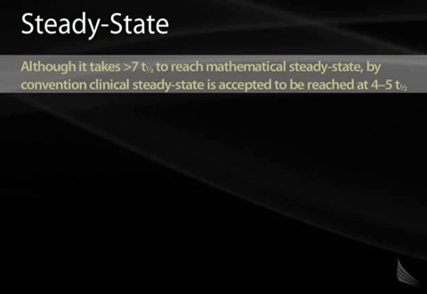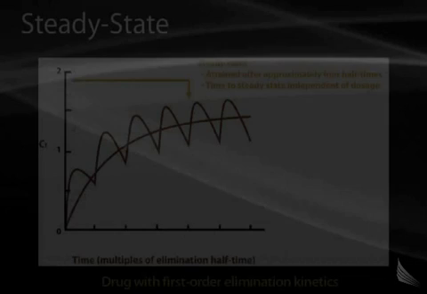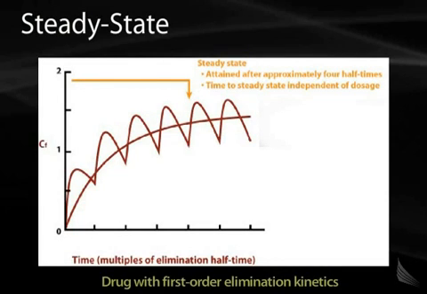Although it takes greater than 7 half-lives to actually reach the mathematical steady state, in general, a drug reaches its steady state always by approximately 4 to 5 half-lives. As you can see here, if you give a medication at different intervals, so a medication is given here, here, here, and so on, at the same dose, the average plasma concentration, which is shown by this straight line, will eventually reach a steady state.